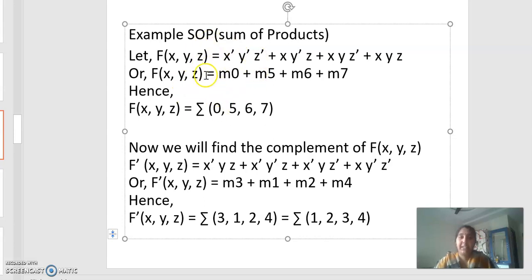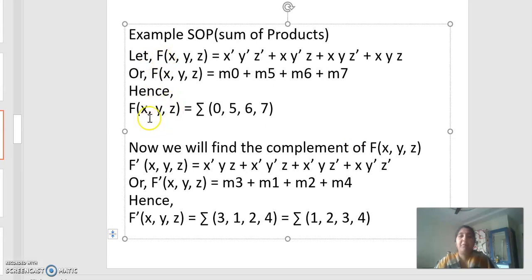And for this SOP, we can even determine the complement form. We find the complement form such that whatever minterms are not present in the direct function can be included in the complement of function f.